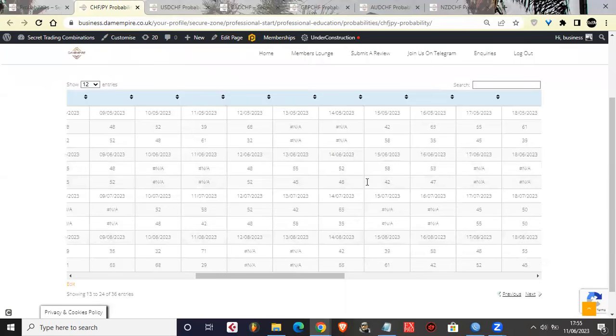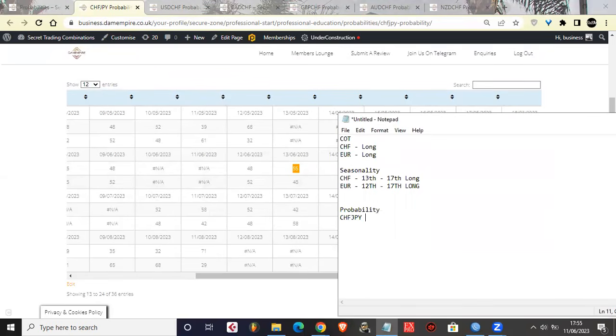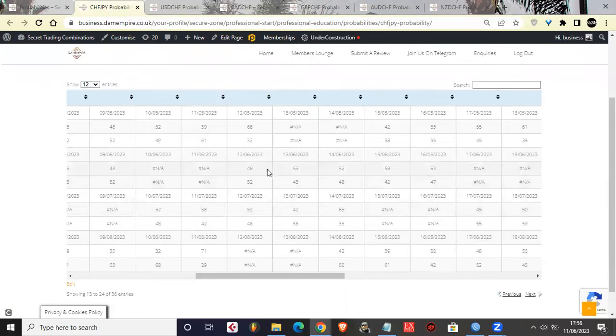We want to go long from the 13th, right? And we can see that right here, 13th, all the way to the 16th. That's long. So what we do now is go CHF JPY long 13th, just as expected, till 16th, so a day earlier. So it all looks long.